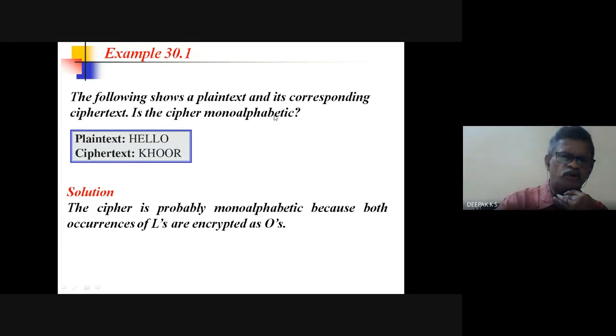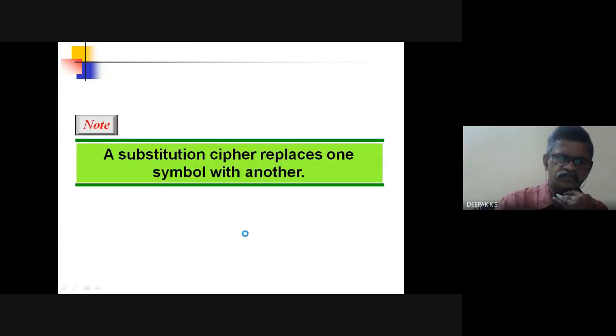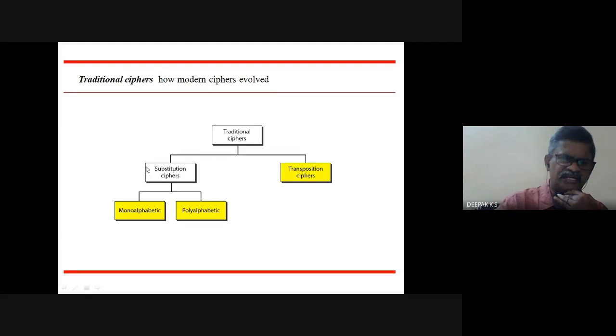Here it is monoalphabetic, which means both occurrences of L have the same substitution. Both occurrences of L are encrypted as the same character. So we substitute one character for another character. In monoalphabetic, both L's are substituted by the same character.